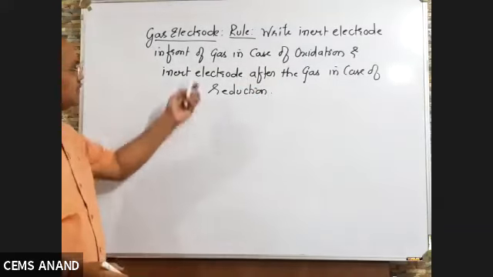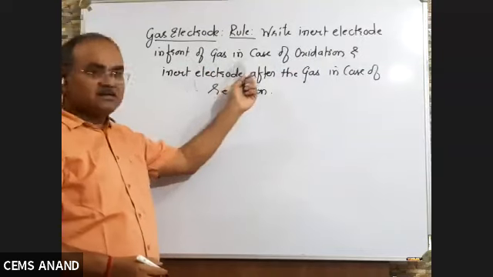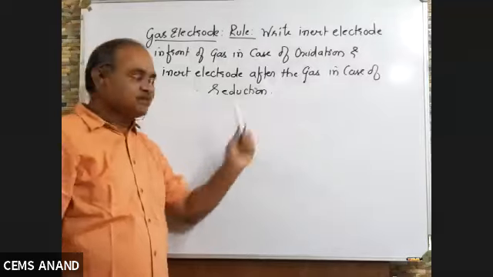Now you will think, what is the meaning of writing inert electrode in front of gas in case of oxidation and inert electrode after the gas in case of reduction?